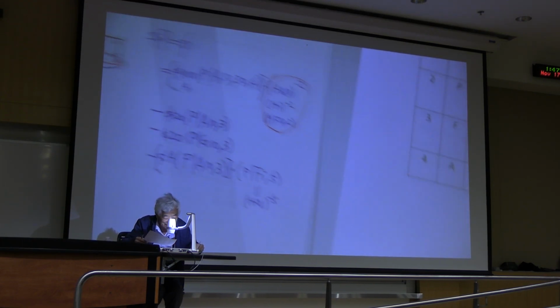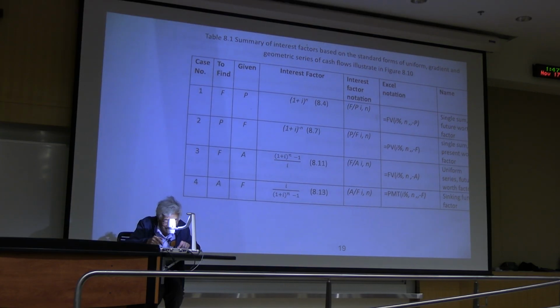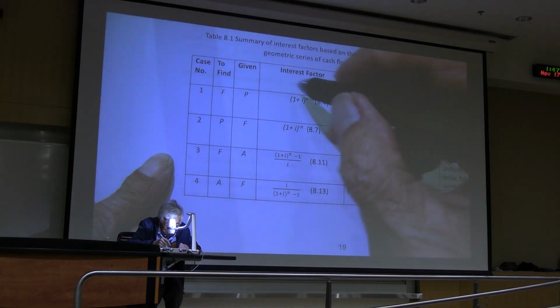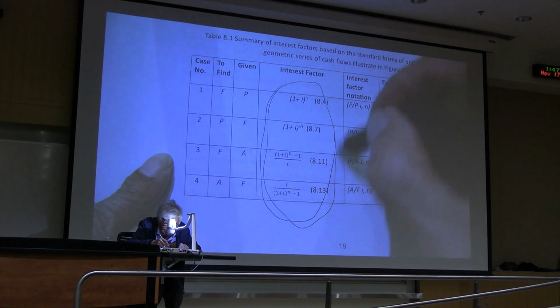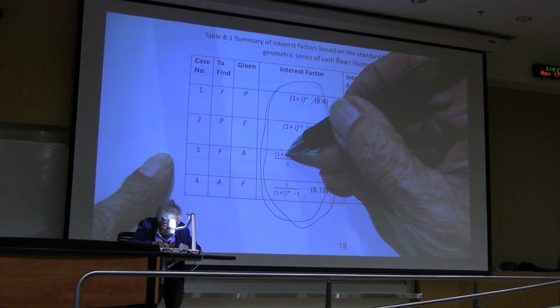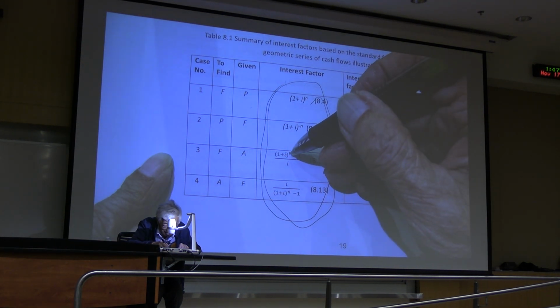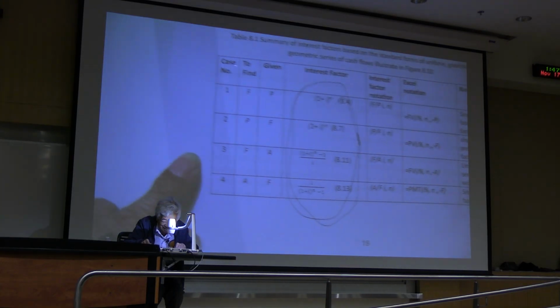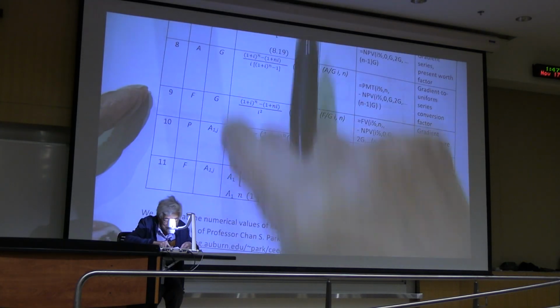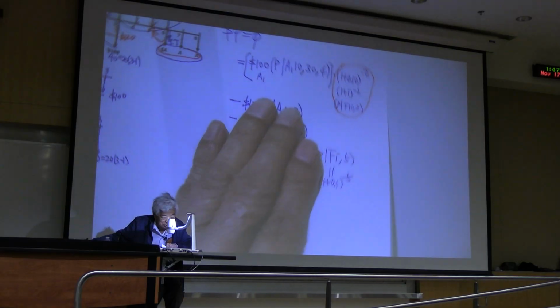Next step is go to the table to find all these formulas, plug in i equal 10%, 0.1, and n. You plug in the formula, you can solve for this.